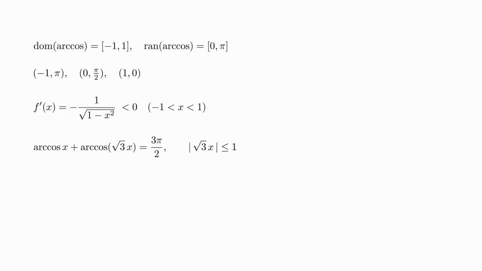When we are simplifying this equation, what you could have done is use the complementary angle identity between arccosine and arcsine. Using this form, the 3 pi over 2 could have been simplified rather quickly. You would have rearranged the arccosine x to the other side, and then used the fact that this works with the complementary angle.